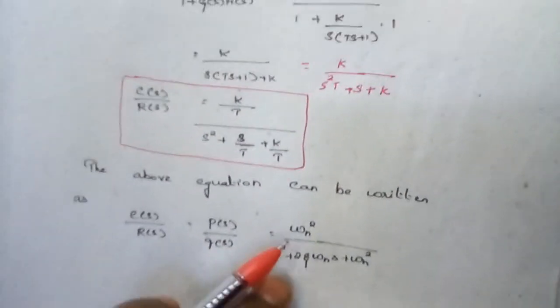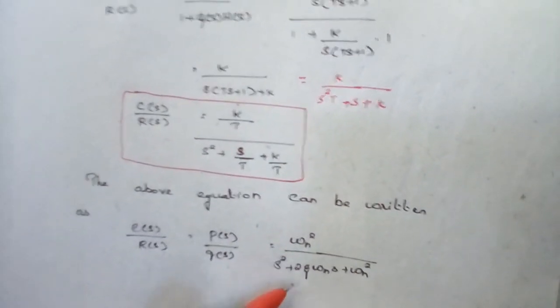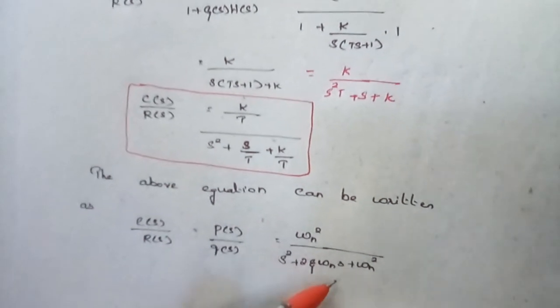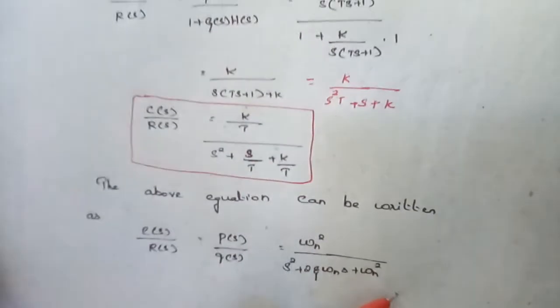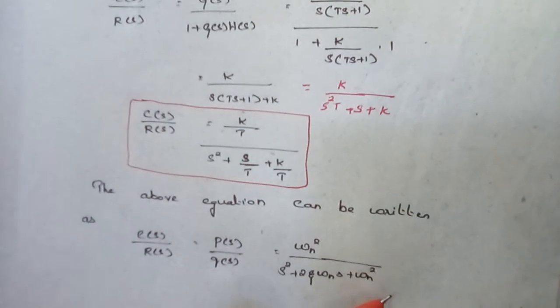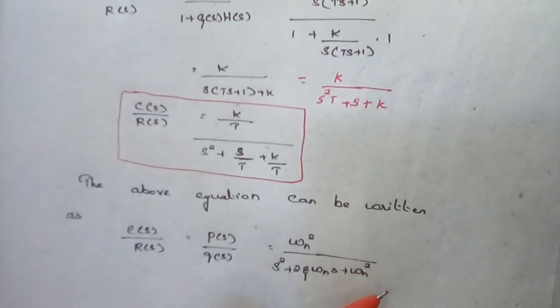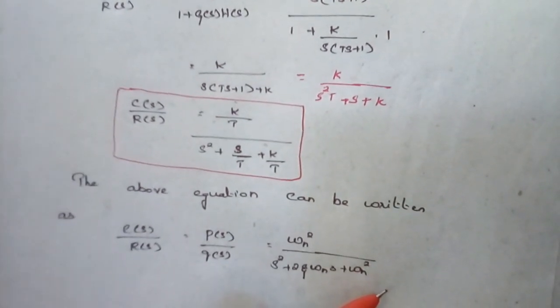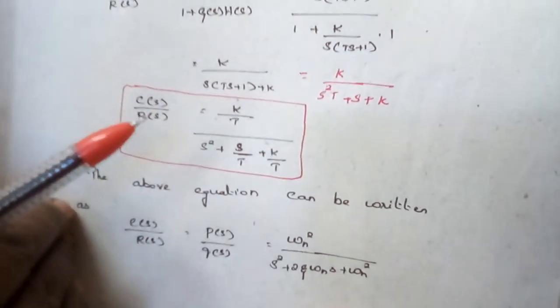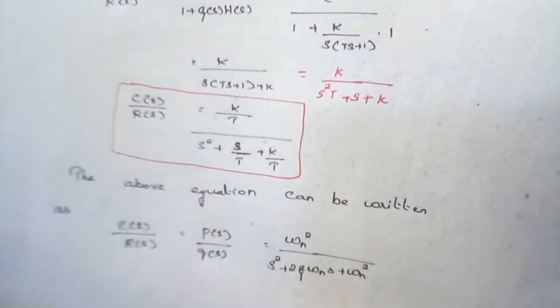That means it can be written as omega n square by s square plus 2 zeta omega n s plus omega n square. So this is the standard format of the second order system, right?